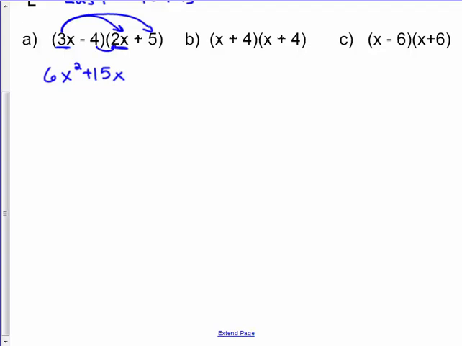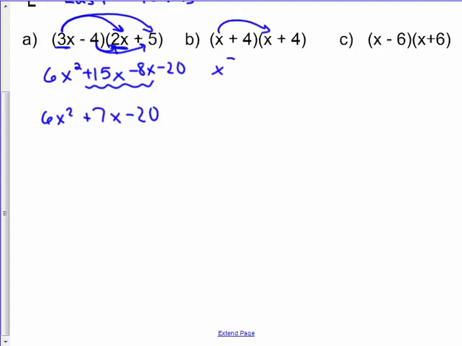Those the first and the outer. Now the inside ones, or distributing again, negative 8x and negative 20. Again, I look, what can I combine together? In this case, I can combine the two middle terms, 15x, negative 8x. So I get 6x squared plus 7x minus 20.